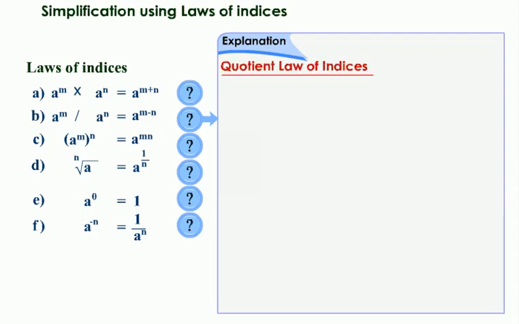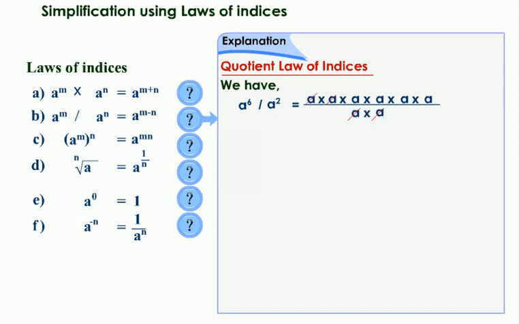Quotient law of indices. Students, we have a to the power 6 divided by a to the power 2. This is equal to a into a into a into a into a into a divided by a into a.